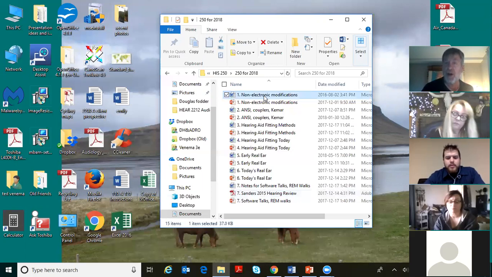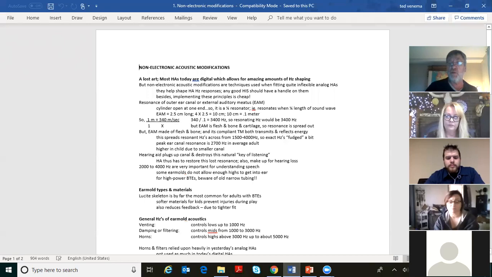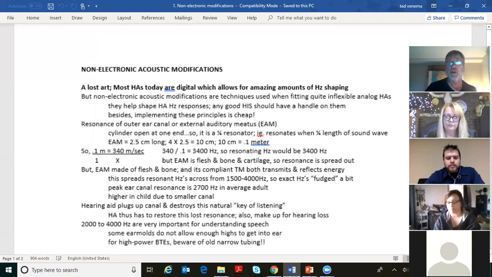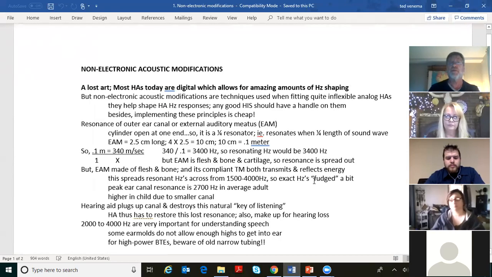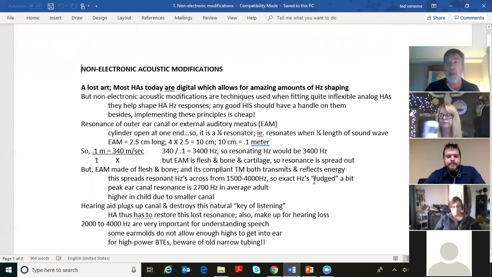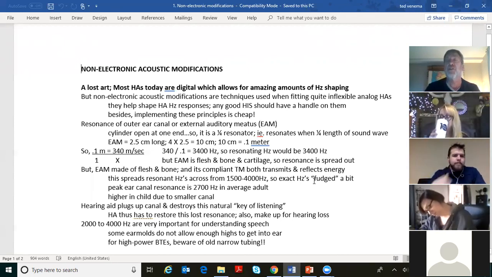So, looking at that in a Word document and also in our good old PowerPoints. Non-electronic means there's nothing to do with the guts of the hearing aid inside. It's simply the shape of the hearing aid, the length of the tubing, and the size of the venting.